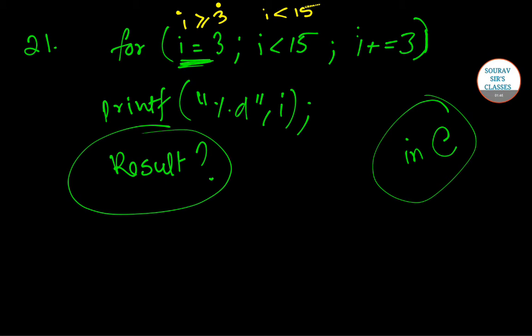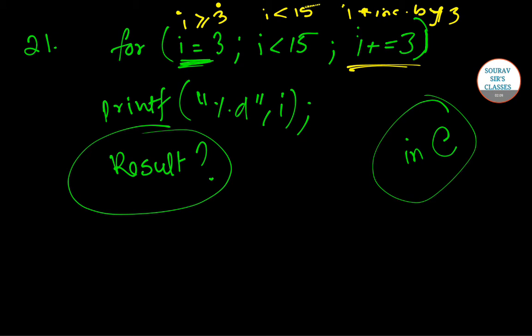That is, till the time I is less than 15, the for loop will run. And this part means that I increases by 3.